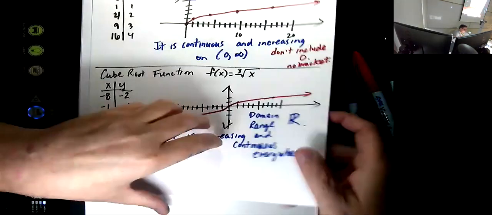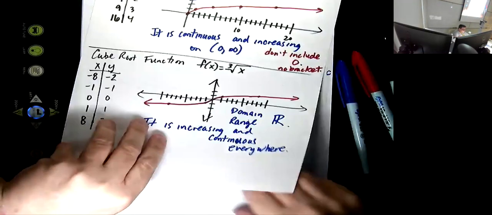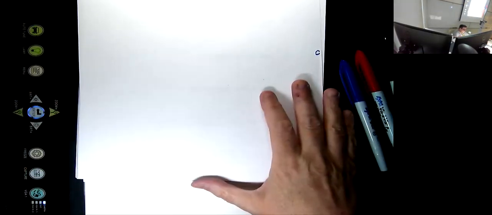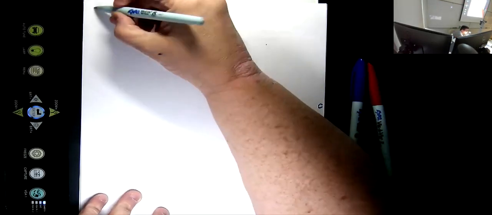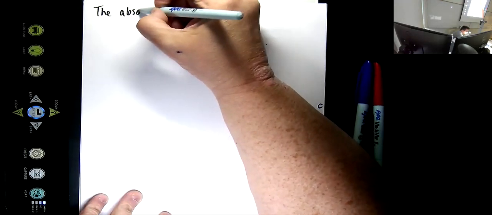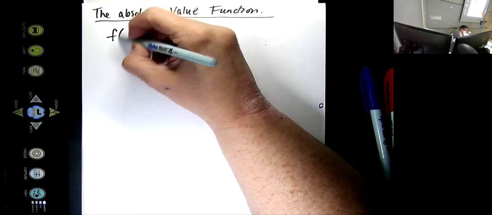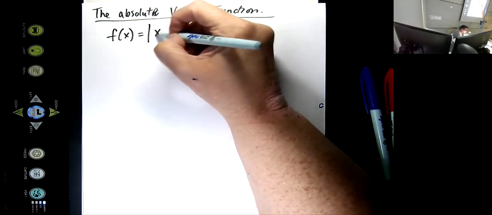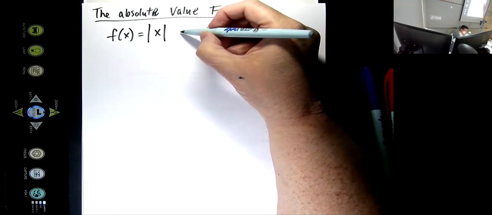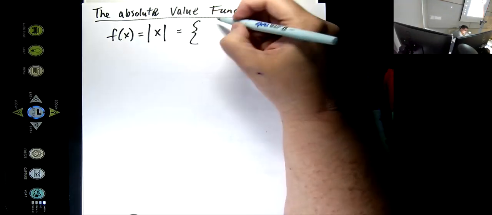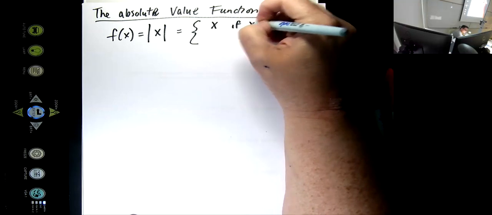All right, next function is a fun one. It's the absolute value function. F of x equals the absolute value of x. Which means it equals x if x is greater than or equal to 0.